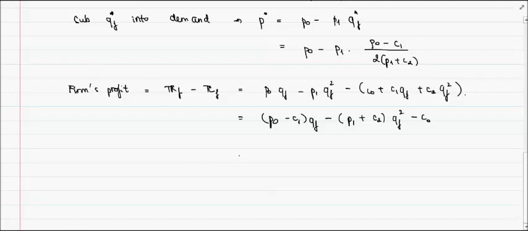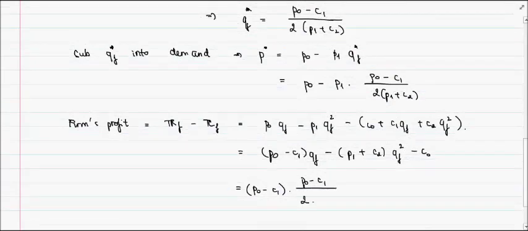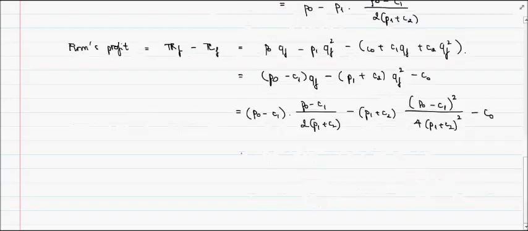So that would be equal to (P0 minus C1) times QF, where QF is (P0 minus C1) over 2(P1 plus C2), minus (P1 plus C2) QF squared, which is (P0 minus C1) squared, everything divided by 4(P1 plus C2) squared, and minus C0. So now I just have to simplify this.